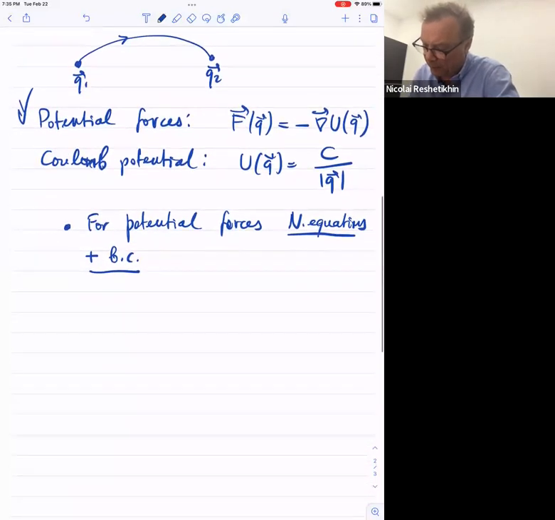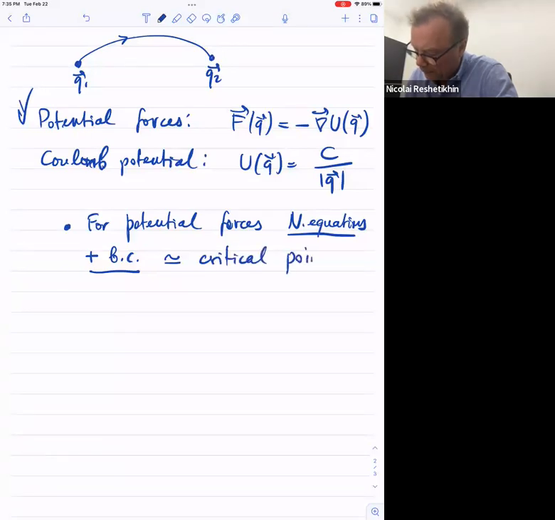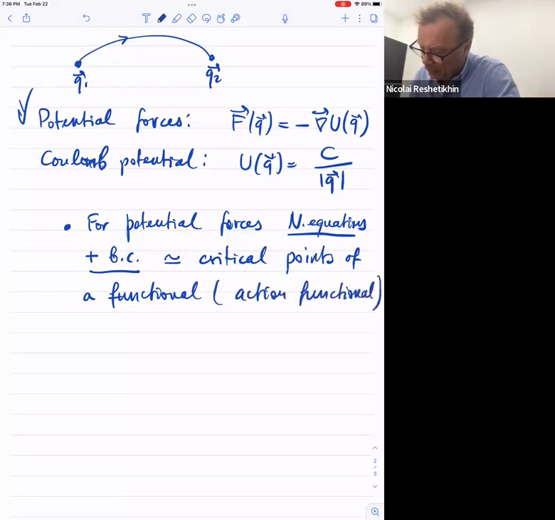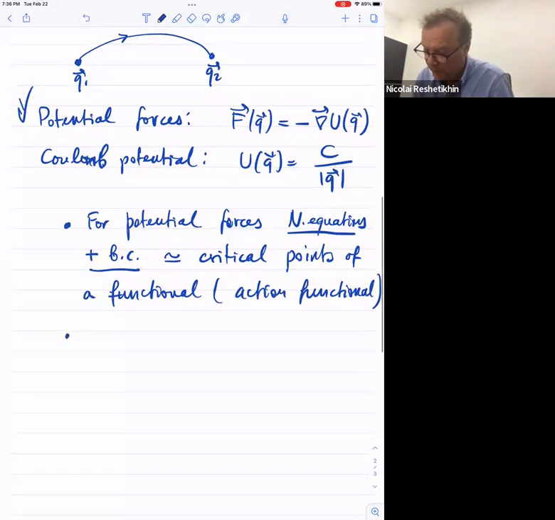So for potential forces, Newton's equations plus boundary conditions can be described as critical points of a functional, the action functional. And we have this very powerful description of trajectories as minimizers of certain functionals.